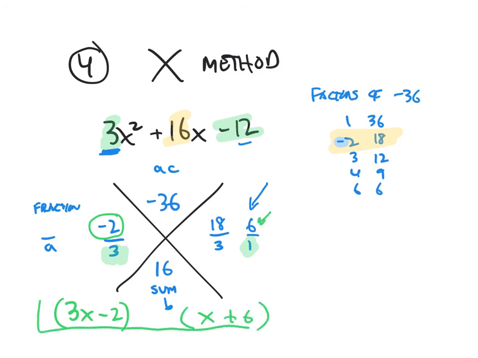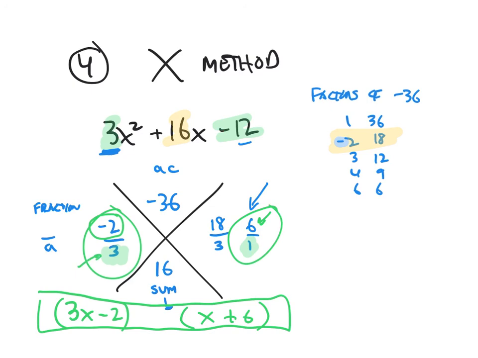So these are the two factors, and they come just from reading this. The bottom is the x coefficient, and the numerator is the constant term of the factors.